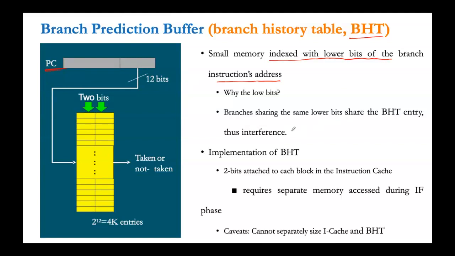That means the same memory location can be used by multiple branches, like branch 1 and branch 2. So two branches can occupy the same entry. To come out of this, the lower bits are used to identify their exact location.